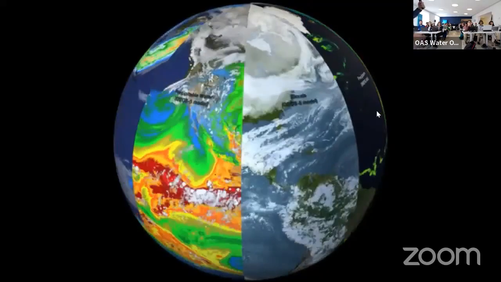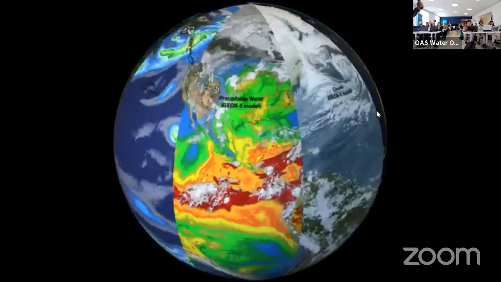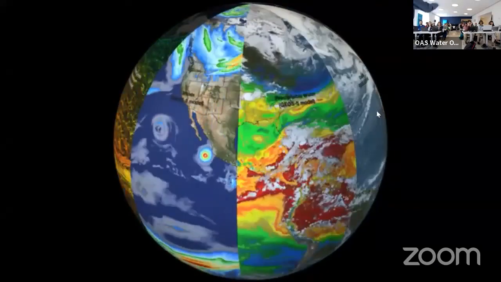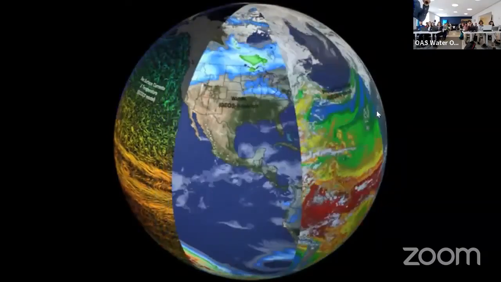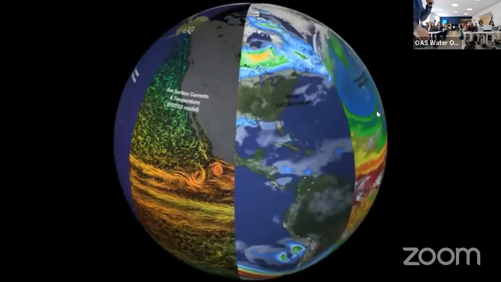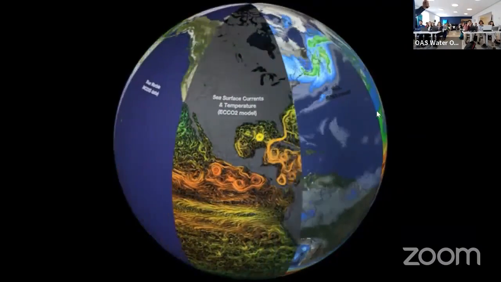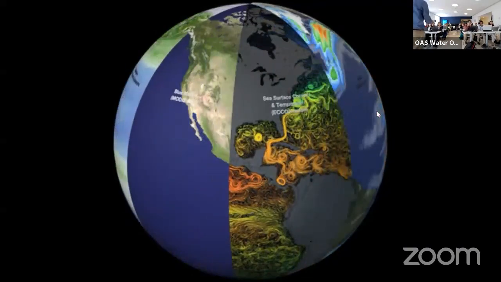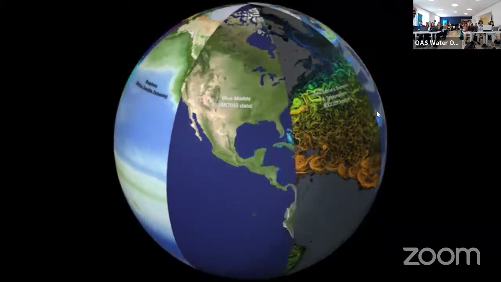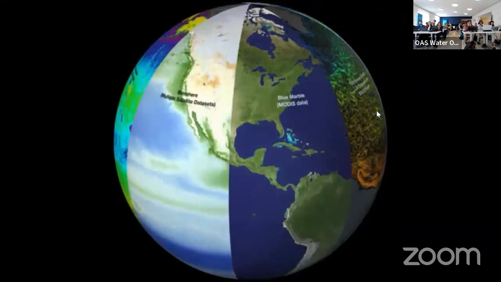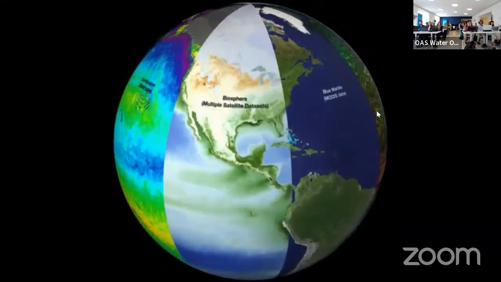Clouds are very important. Understanding Earth's radiation budget, how much energy is coming and going. So all of this, from winds to sea surface currents to sea surface temperature, instead of looking at all of these individually, NASA is really taking a system of systems approach.